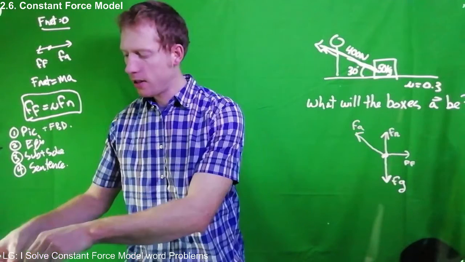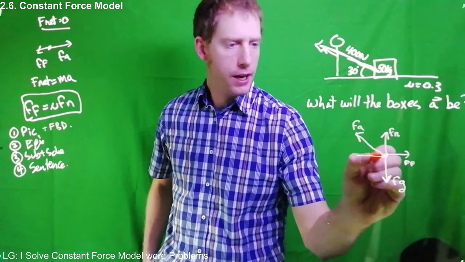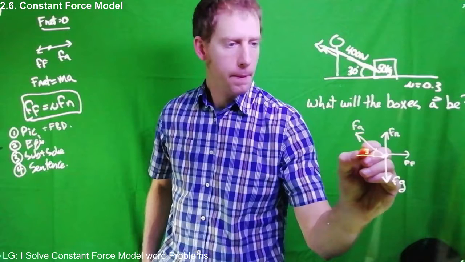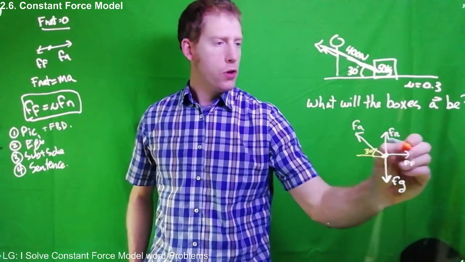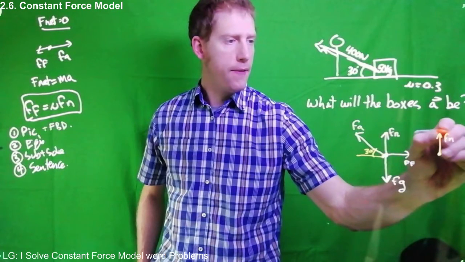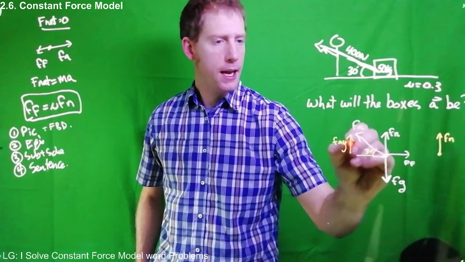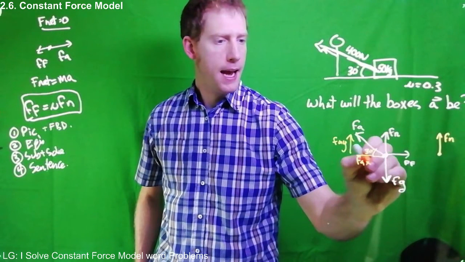Now we need to think of the dimensions in the x and y direction, because we know this vector here is 30 degrees. So you can actually change your FBD because you're going to have the Fn. You're also going to have this triangle here with FAY and FAX.